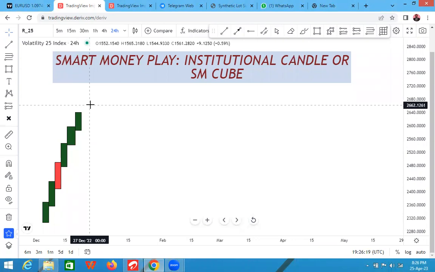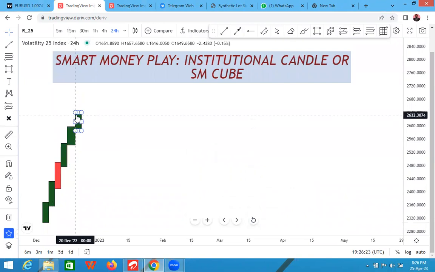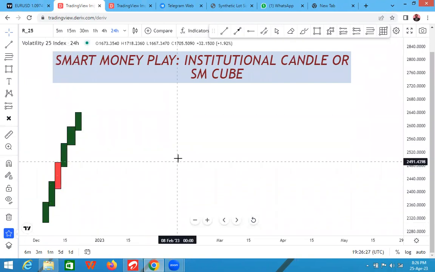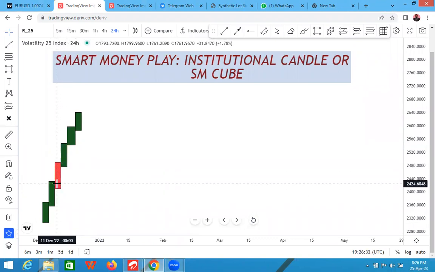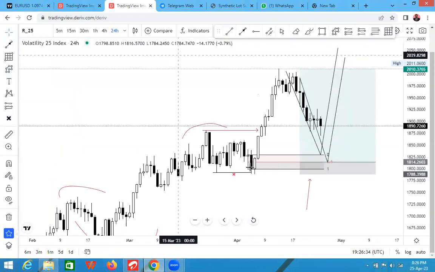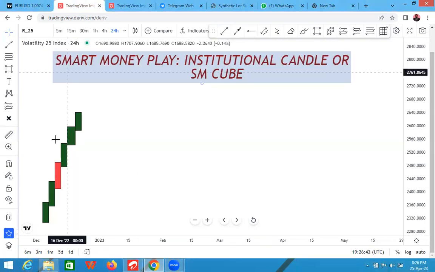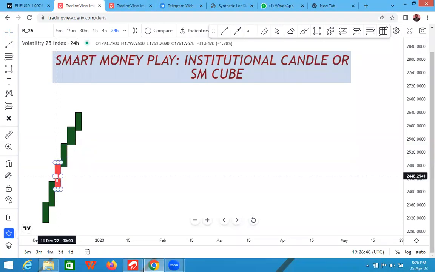But now look at this. You see all these bullish candles forming and then one bearish candle. What does that tell you? It simply tells you that this candle is a liquidity candle. It's different from an order block or a mitigation candle, because those candles clear liquidity, but this institutional candle does not clear liquidity, it is a liquidity candle itself.